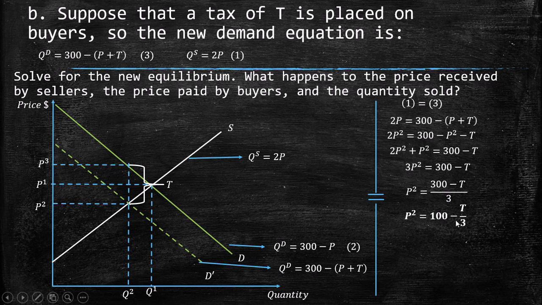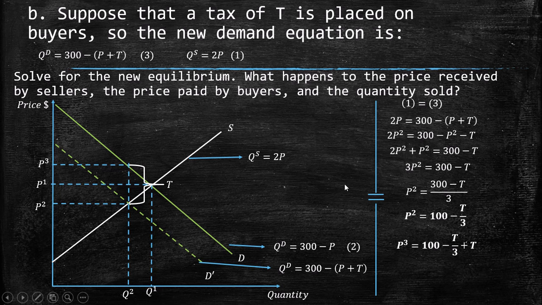So we have 100 minus t over 3. This is now the value of this one. Remember, Q1 was equal to 200, we did it before, and P1 is $100. So it makes sense, because P2 is lower than 100 minus t over 3.